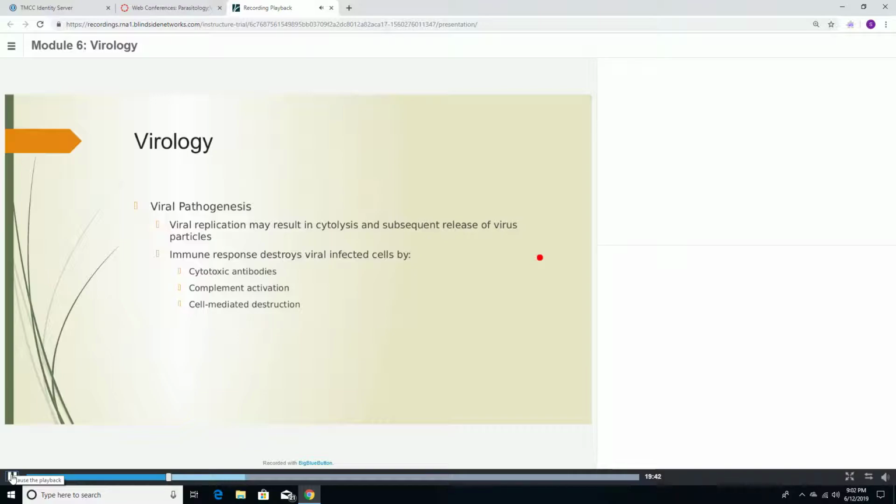The expression of viral antigen on host cells which have been infected by a virus can lead to an immune response in which those affected cells are destroyed by cytotoxic antibodies, complement activation, and cell-mediated destruction by natural killer cells, ADCC cells, and cytotoxic T lymphocytes. So this immune response is going to give us our signs and symptoms of the disease.